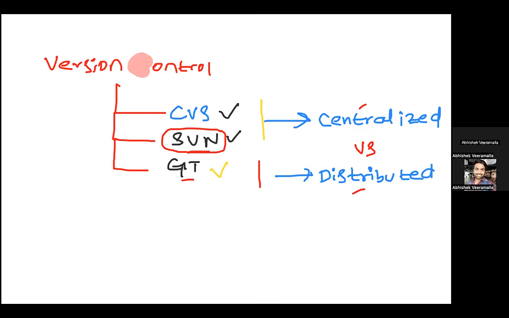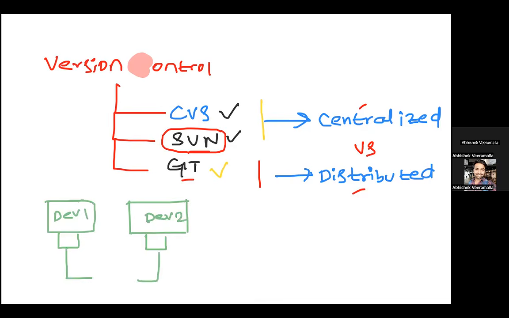So basically, to put this very quickly and easily, scenario number one, where people were using SVN. Whenever I started working, we were using SVN in our organization. Let's say there was Dev 1 and then there was Dev 2. Both Dev 1 and Dev 2 used to communicate with each other using a central server, that is SVN.